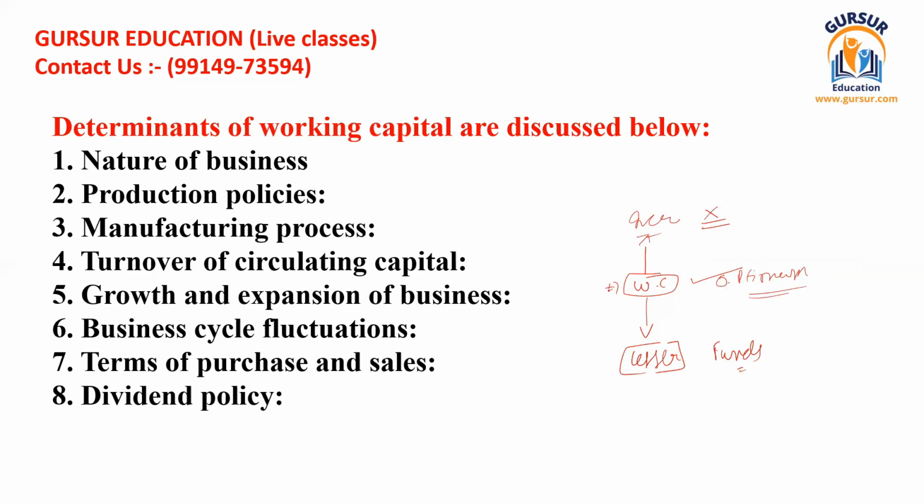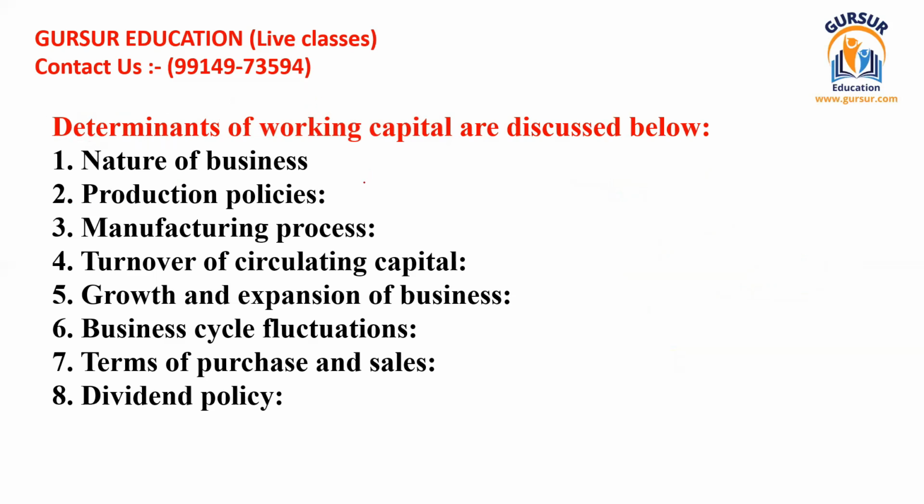And for that there are different theories which tell you how you can calculate the optimal level of working capital. But before understanding these theories, we have to understand what are the different reasons which tell you that working capital should be there. What are the different reasons? And these reasons are the determinants of working capital, which tell you how much and why you should keep working capital with you.